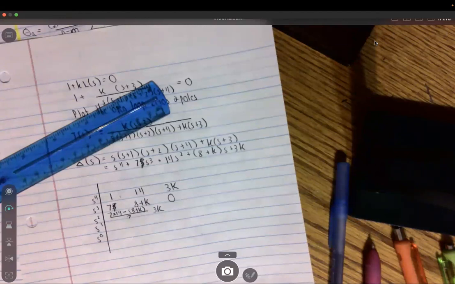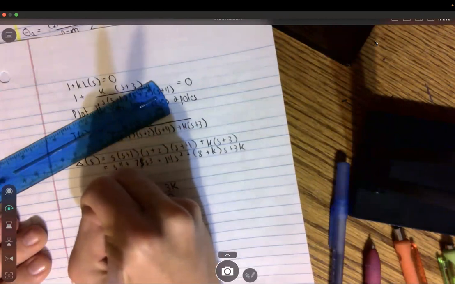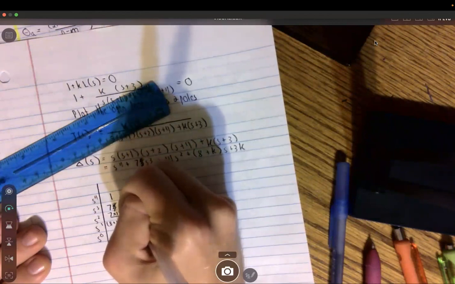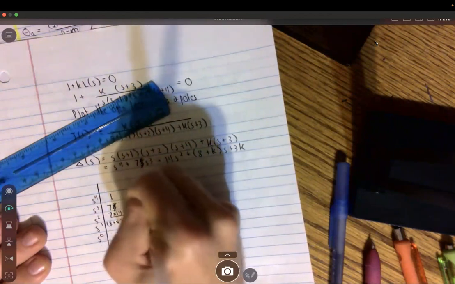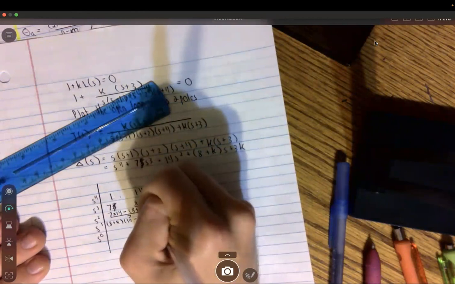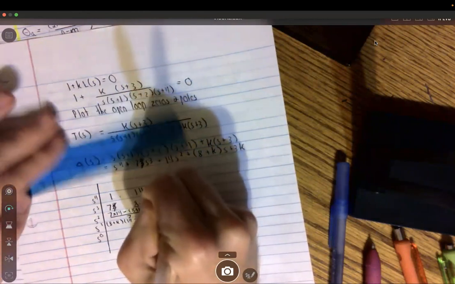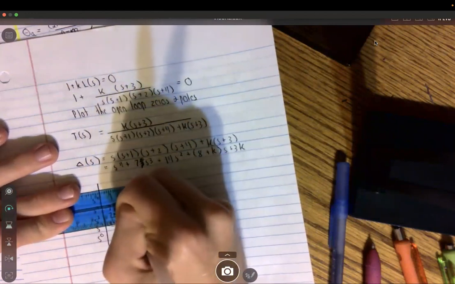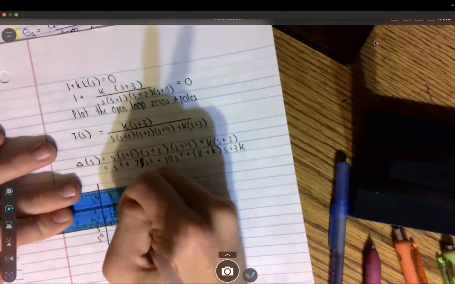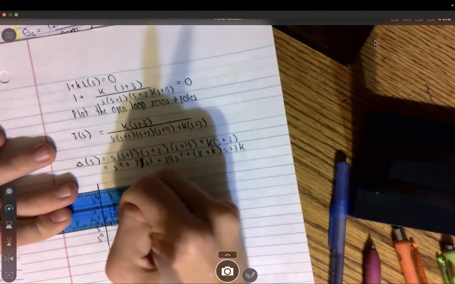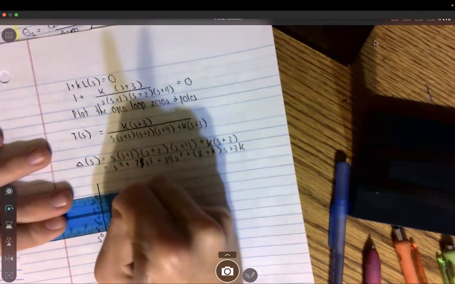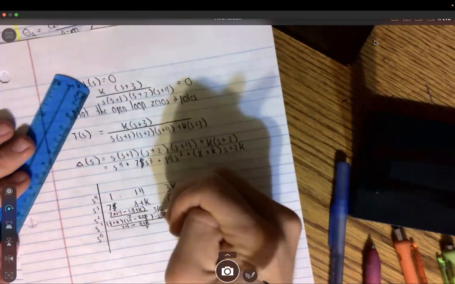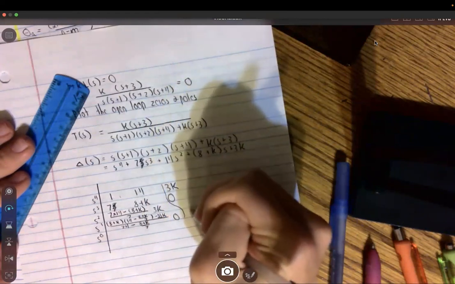When you work it all out, it's going to be 8 plus K times 14 minus 8 plus K over 7, and then minus 21K, all over 7 minus 8 plus K over 7. That looks a little crazy. Sorry, I don't have enough space, so pretend this is the third row here.